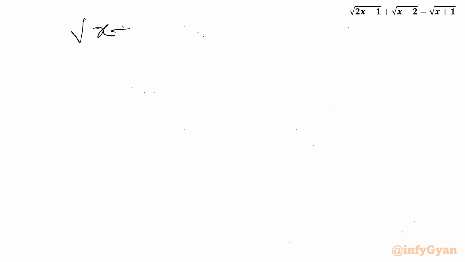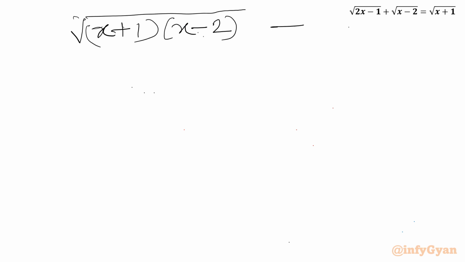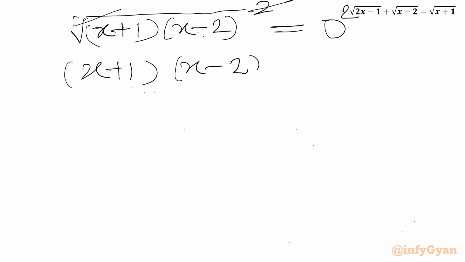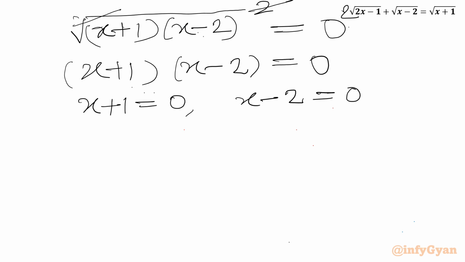Square root x plus 1 times x minus 2 equal to 0. Now consider squaring both sides. We can cancel square root with square. We will get x plus 1 times x minus 2 equal to 0. So from here we can write x plus 1 will be equal to 0 or x minus 2 equal to 0.